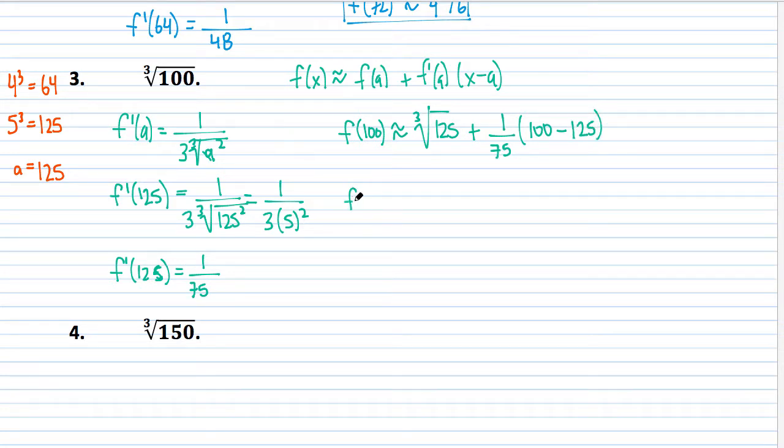So f of 100 is going to be approximately equal to, well, cube root of 125 is 5, plus negative 25 over 75. So my actual estimation will be 5 minus 1/3, or about 4 2/3.